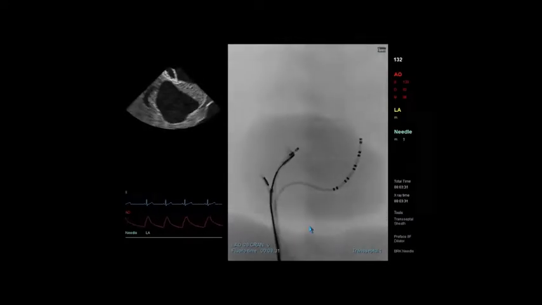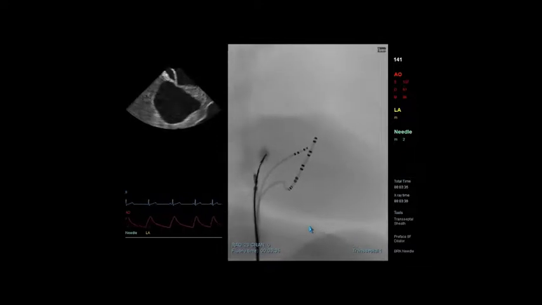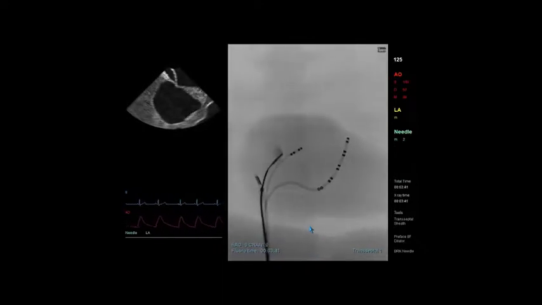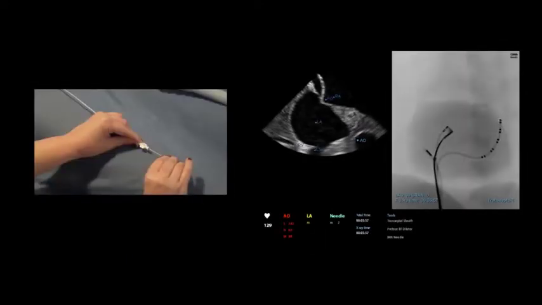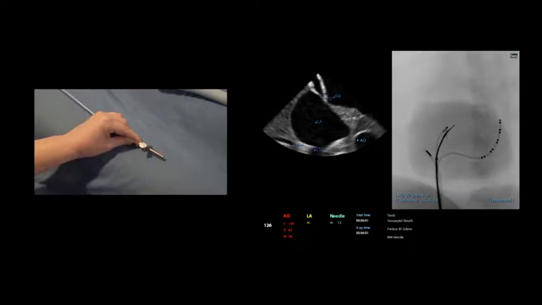Also here, you see the pressure in the lower part of the left side of the screen. This is the arterial pressure. You should see sooner or later, when we enter the left atrium, the pressure. Okay, here it is entered, the pressure is not available.